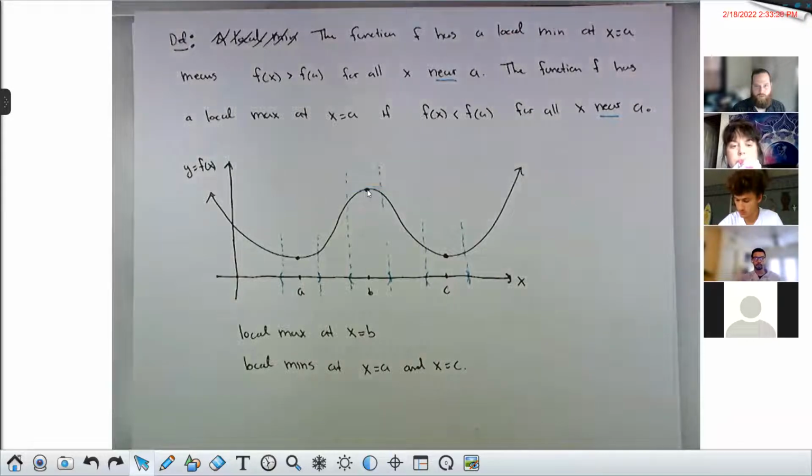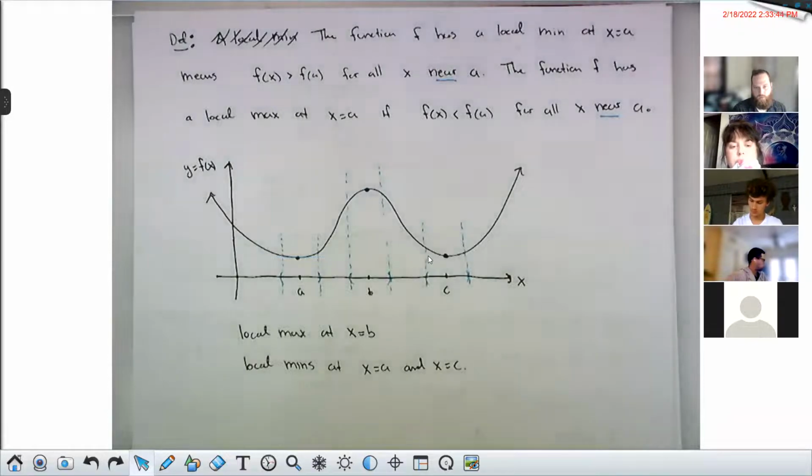If I was to draw the tangent line to this function right here at x equals b, that tangent would be a horizontal tangent. If I were to draw the tangent line down here at x equals a, that would be a horizontal tangent. Same is true here. The tangent would be horizontal. And that's one tool we're going to have to hunt for local maxes and local mins.